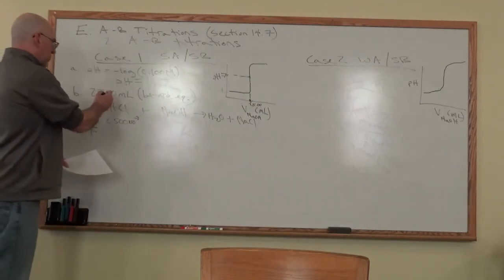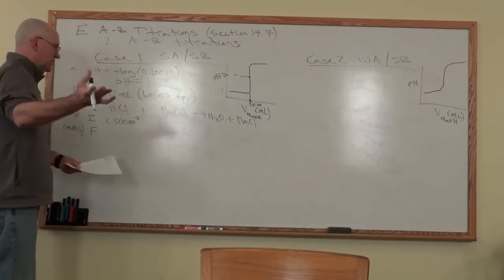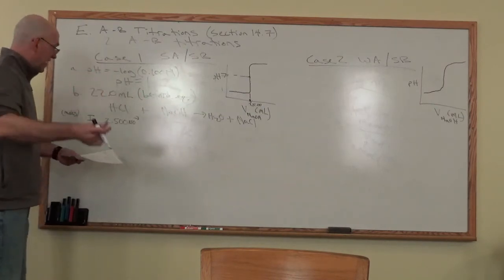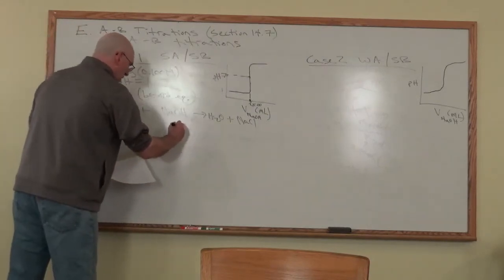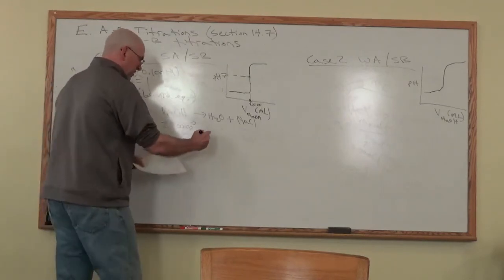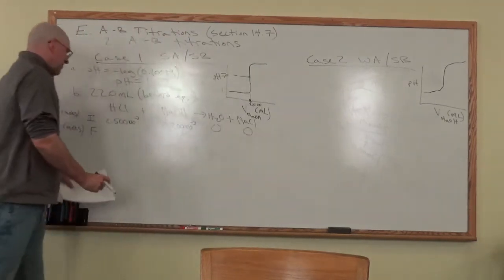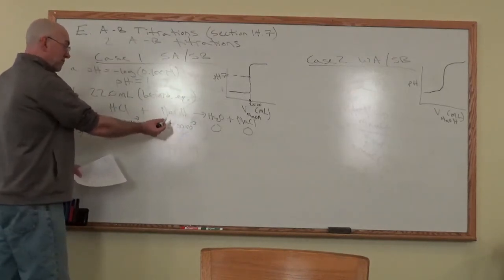Well, we've added 22 mils of sodium hydroxide, so let's just assume, this is all kind of a fabrication. 22 mils of 0.10 is going to be 2.200 times 10 to the minus third moles. Remember how we do this, it's 0, 0, and I'm going to make this really simple. This is a limiting reactant here because it's before the equivalence point.